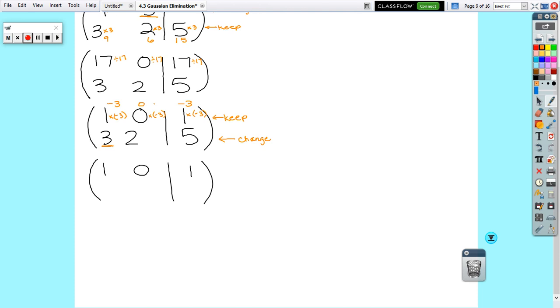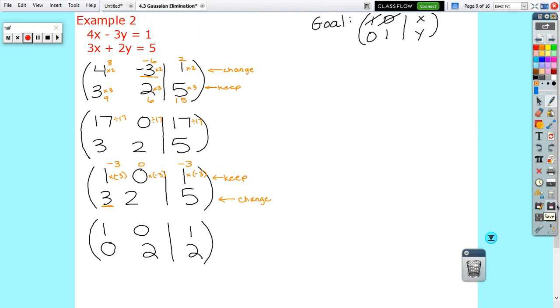And now we're just going to add these orange numbers here with the bottom row here to get our new row down here. So -3 plus 3 is 0, 0 plus 2 is 2, and -3 plus 5 is 2. So if we go back up to what our goal should look like, we have a 1, a 0, and we now have another 0, so all we have left to do is get a 1 in the bottom right-hand corner, right here.